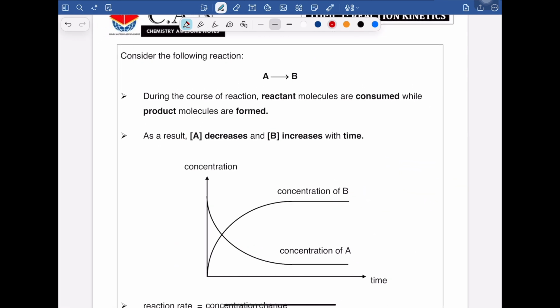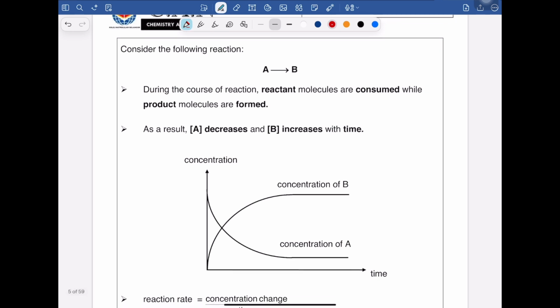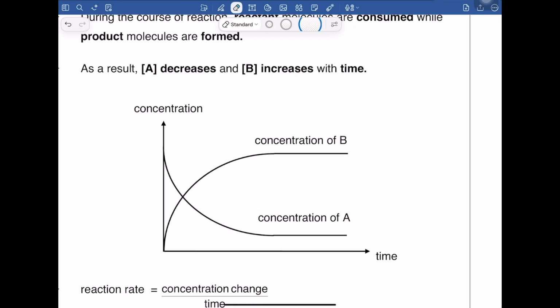When we're talking about the change of concentration of reactant and product, of course we are going to get this kind of graph. For example, if we have A as reactant and B as product, over time we know definitely A is going to decrease and B is going to increase. So if you were to sketch a general graph, you're going to get a graph like this.